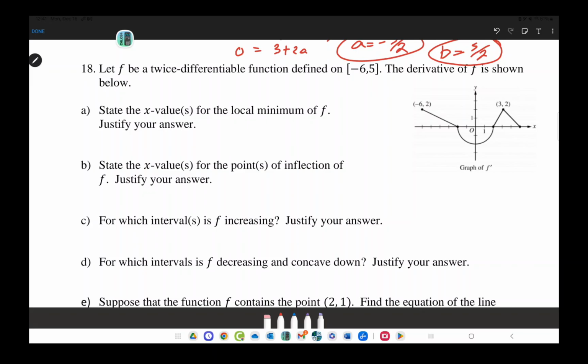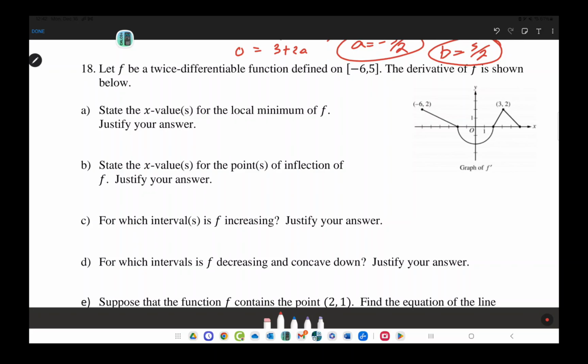This is going to be a big portion of your test, being able to do this and justify your answer. This is the graph of f. Be careful. Oh, it's a graph of f prime, even better. That's why you want to be careful.